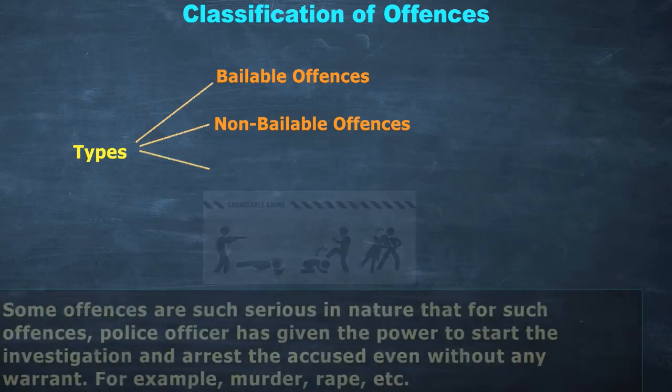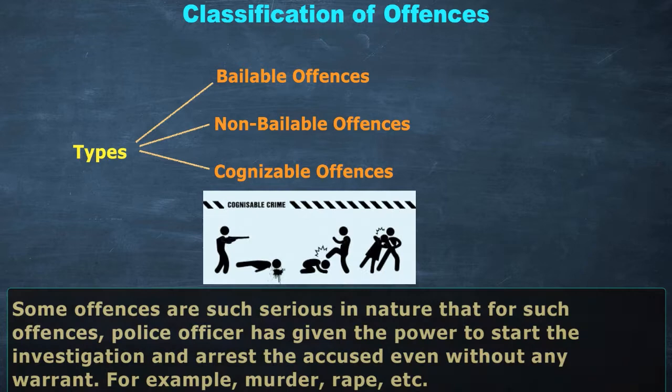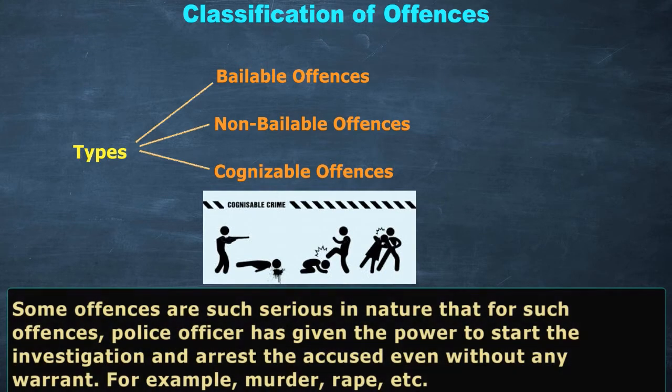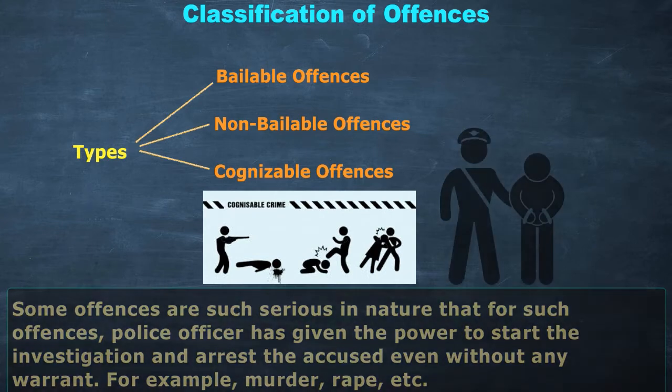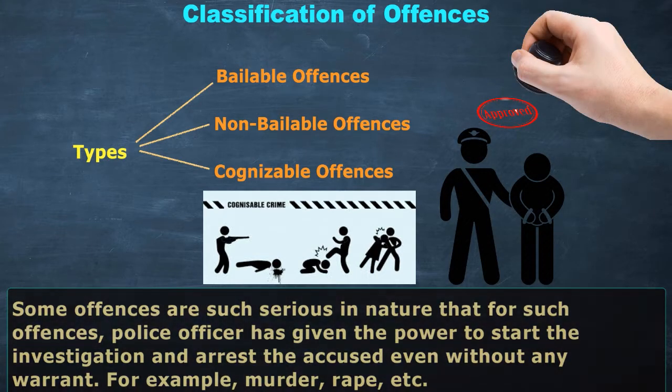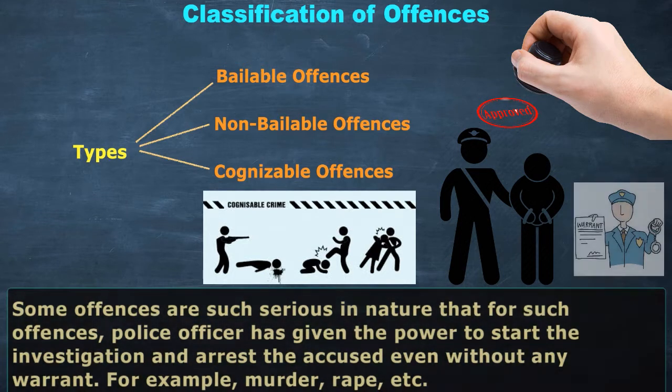Next one is cognizable offenses. Some offenses are so serious in nature that for such offenses, a police officer is given the power to start the investigation and arrest the accused even without any warrant.